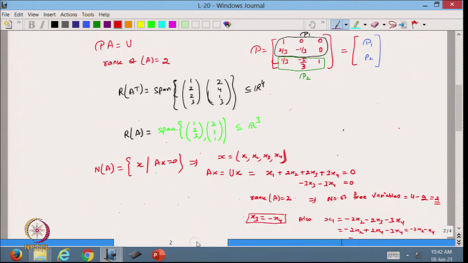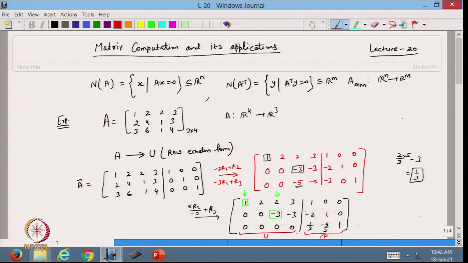But if you see from the previous one, P was the non-singular matrix such that PA becomes U, and in that case we came to know that the first two rows are the non-zero rows in the echelon form, but the last row was the 0 row. So, this was my 0 row, and this was my P2 corresponding to the 0 row. Now, P2 is 1 by 3, minus 5 by 3, and 1.